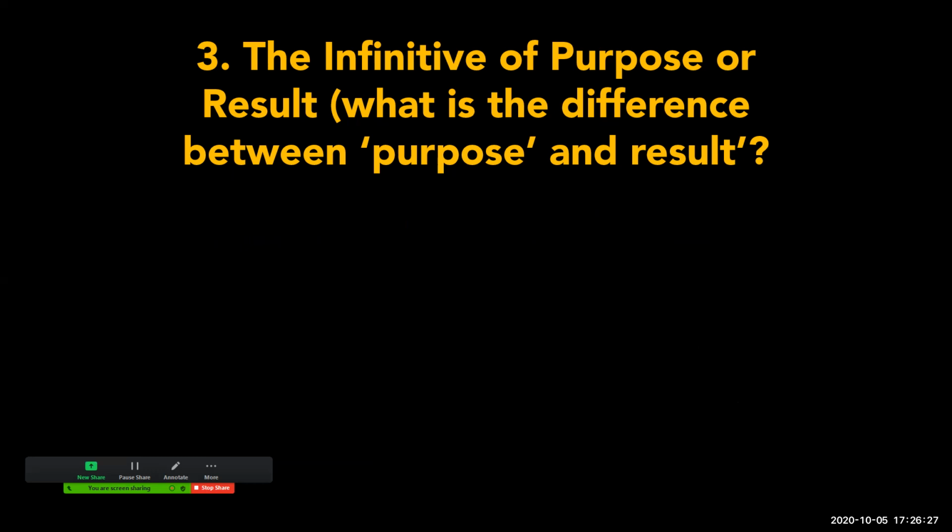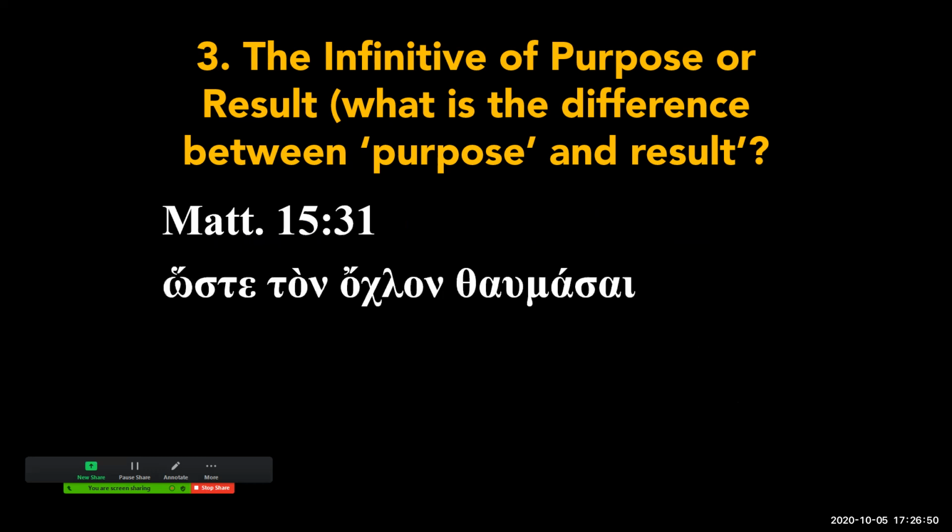The infinitive of purpose or result. By the way, what's the difference between purpose and result? Purpose is when somebody intends to do something. Result is when it just happens, maybe without intention. So, well, we'll see here in a verse.